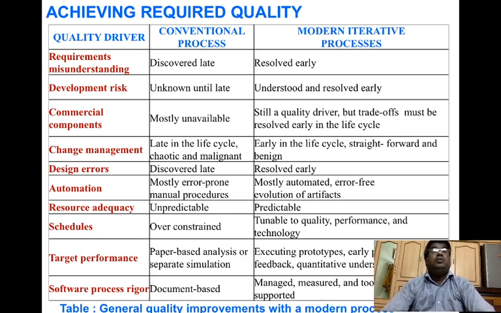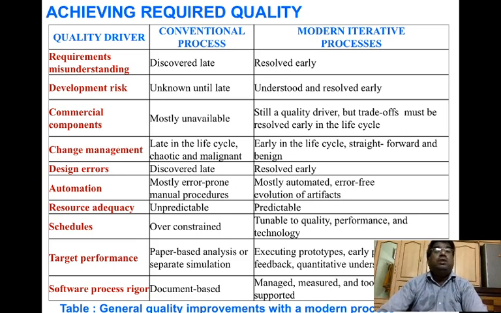Second, development risk. During development of the project, if any risk is identified, it is rectified very, very late. Unknown until late, it will be identified at the end. That's why we already discussed the waterfall model in the first unit. In the waterfall model, all the problems and risks are identified at the end.